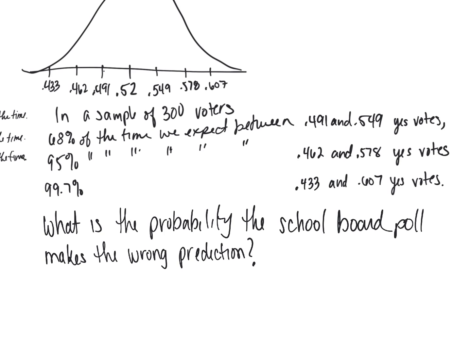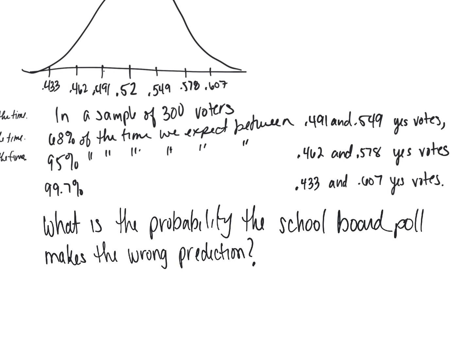What we know is, and you usually don't know this, but 52% of the people are going to vote yes, therefore it's going to pass. So if the poll makes the wrong prediction, what is the poll going to say to the public? They don't think it'll pass.